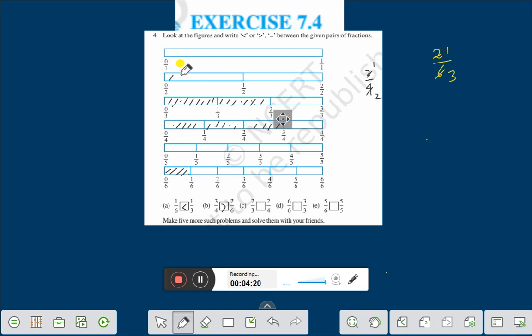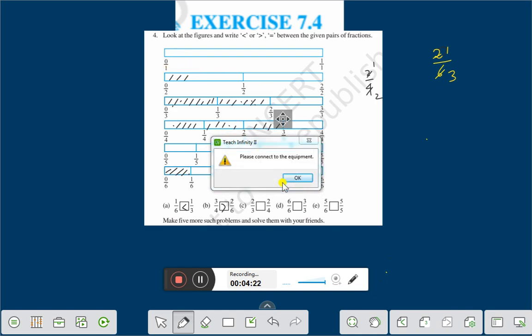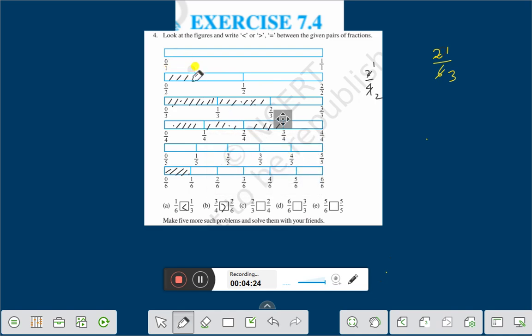If I set this one, that is 1 by 2. 1 by 2, and this is 2 by 3. 2 by 3 is this, right? That is 2 by 3 is greater than 1 by 2, right? Therefore, 2 by 3 is greater than 1 by 2. 2 by 3 is greater.